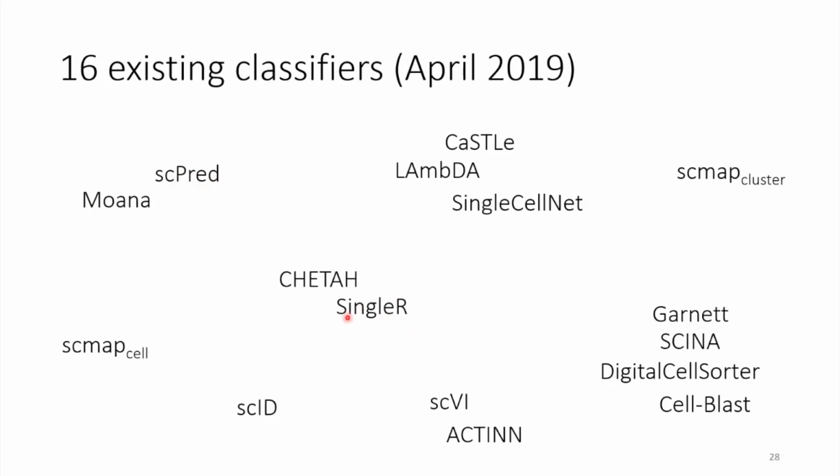So SingleR is sort of a lazy classifier. What they do is take bulk RNA-seq data, mostly of purified cell types. Then for each cell in your single cell data, they calculate the correlation between the expression profile of your cell and the expression profile of each pure cell type from the bulk data.